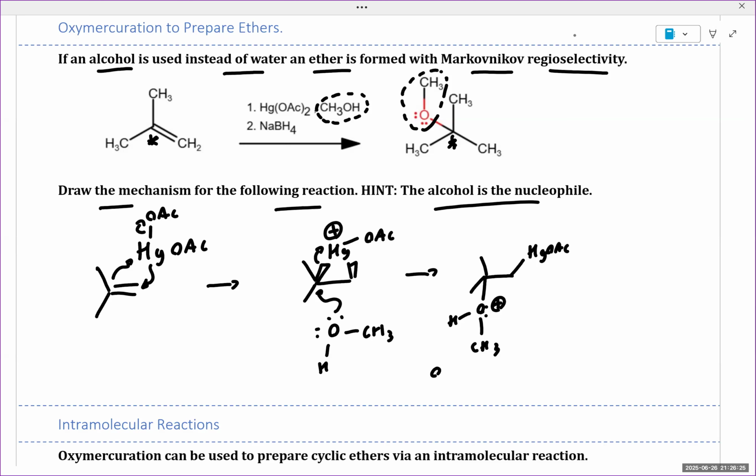And as our final cleanup step, another equivalent of methanol is going to pull off a proton.